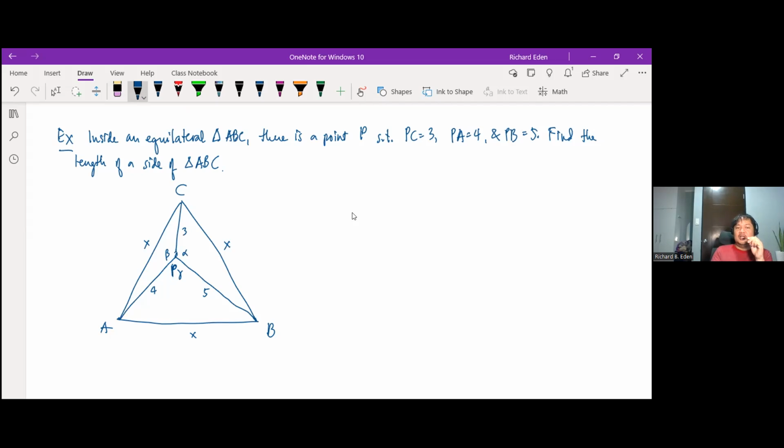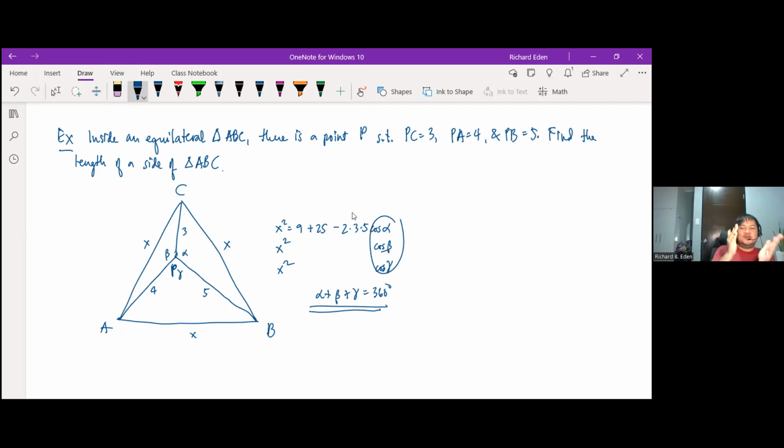For example, x squared equals 9 plus 25 minus twice 3 times 5 cosine alpha. The same with x squared involving cosine beta, x squared involving cosine gamma, and alpha plus beta plus gamma equals 360 degrees. But this is really going to be ugly. When you try to incorporate this into these expressions, that's going to be a real mess.